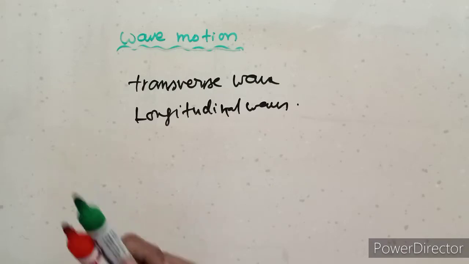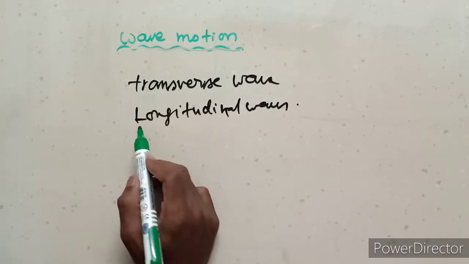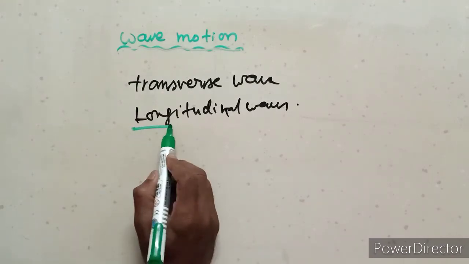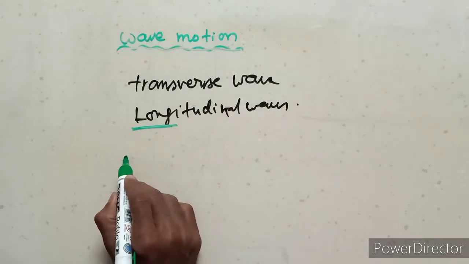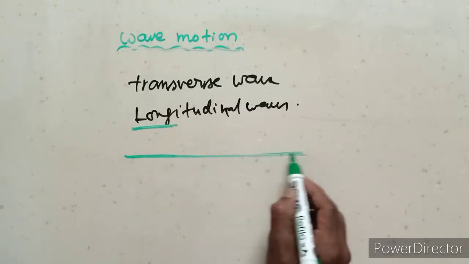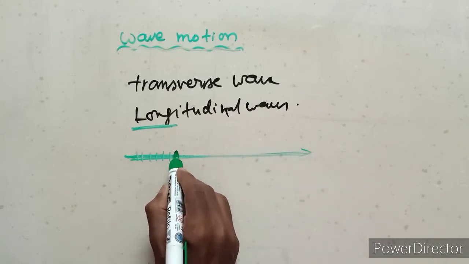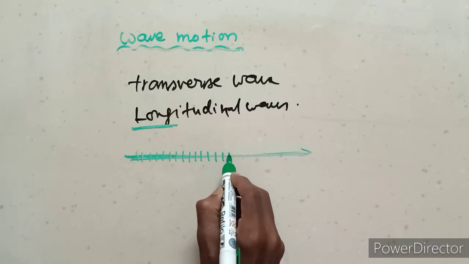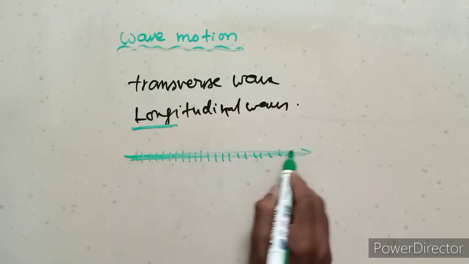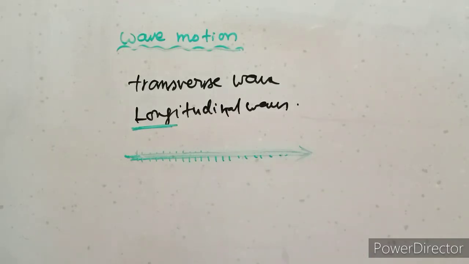The definitions of transverse waves and longitudinal waves. The nomenclature: long means the wave motion is along this direction. This is the longitudinal wave. So the wave propagation is this way.